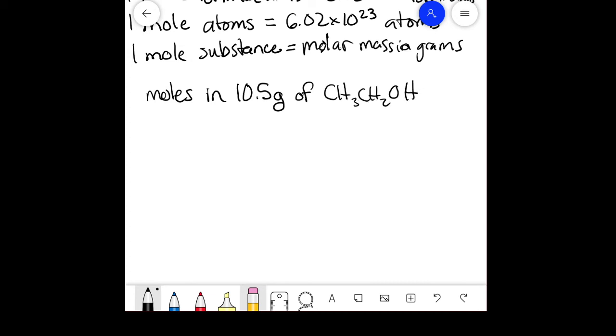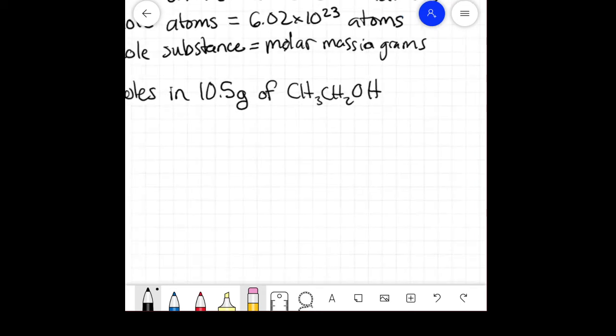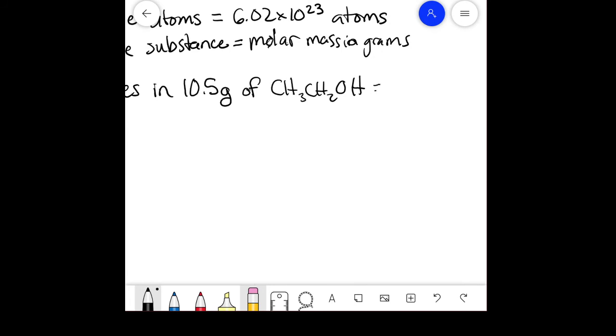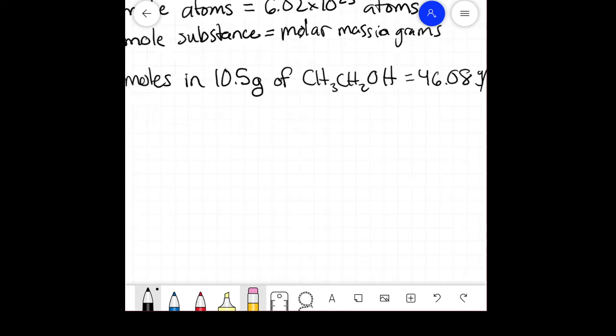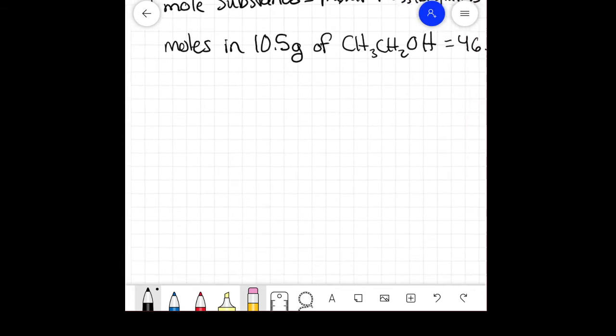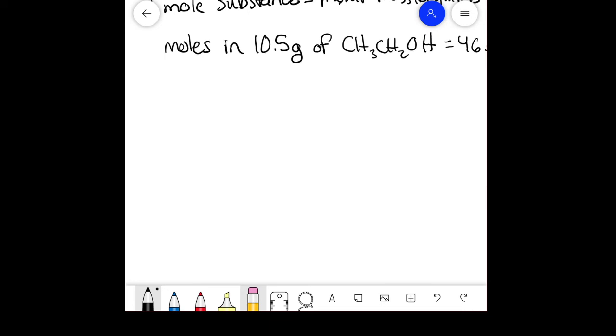So, first things first, you need to find the formula mass of this. I'm not going to write it all out, but I have written down that this is the formula mass of that substance. So, the way you do this is you start with your given, which is 10.5 grams of all that.